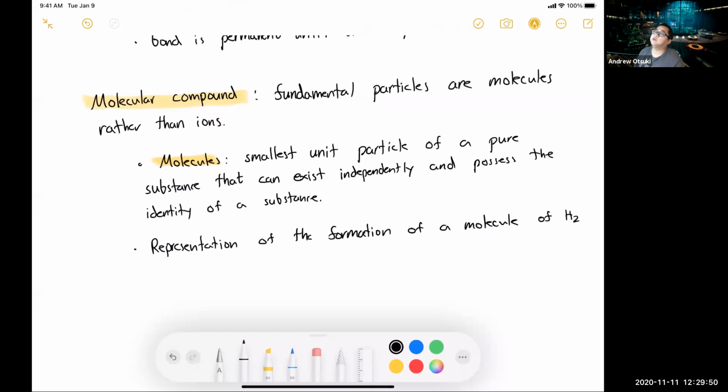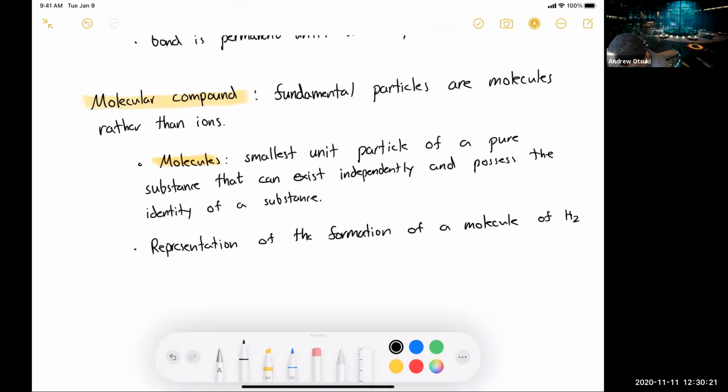There are a number of elements that have this diatomic nature, so they're composed of the same element with a 2 subscript. Hydrogen gas is one of them. You may know O2, nitrogen gas N2, fluorine gas F2, chlorine gas Cl2. Iodine is actually a solid, but it's I2. And then there's bromine, which is a liquid, Br2. And I believe those are all of them.